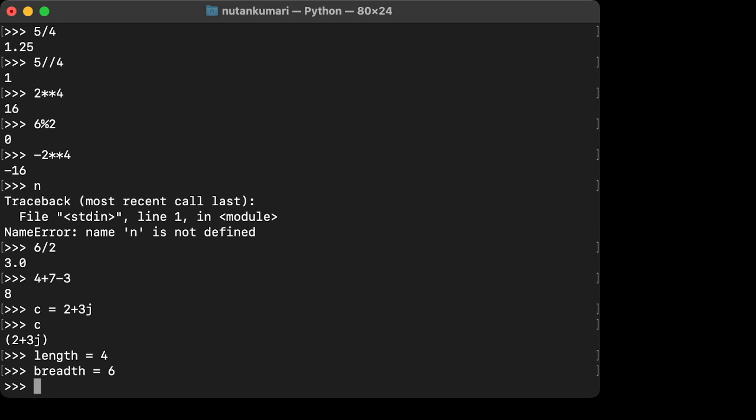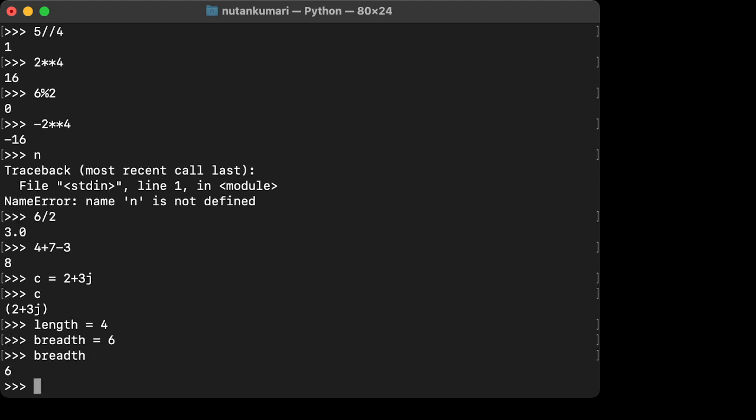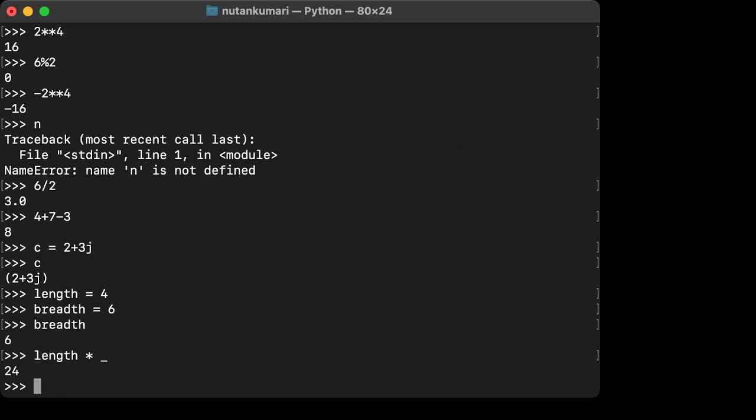Okay, and then let us say I just want to print this breadth. I'm just printing it. So 6 is coming. So this is the recent output which has come, right? So in this case, if I want, I can do it like this, length into, okay, and then simply underscore I'm writing, right? So in this case, what will it take? It will take the recent, the latest output, which is 6 here. So it will take 6 and then it will calculate as 24. Understood? So like this we can do it.